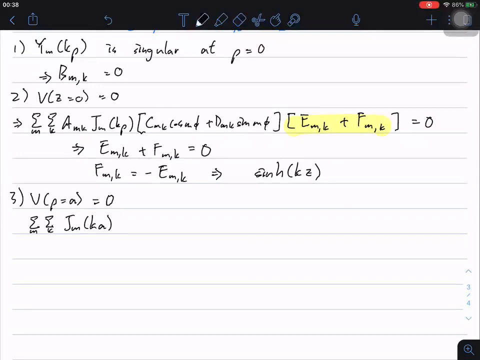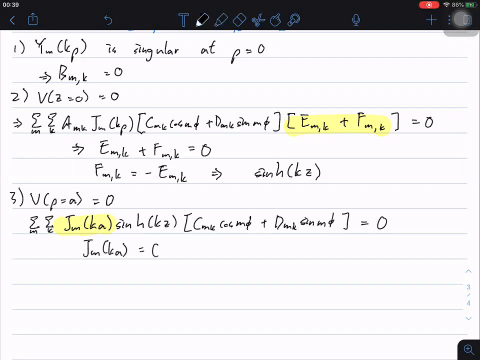For the z part, I'll replace it with hyperbolic sine, and we are left with the sine and cosine term here. Again, this equation is true for any values of phi and z. So we must have this term equal to 0.